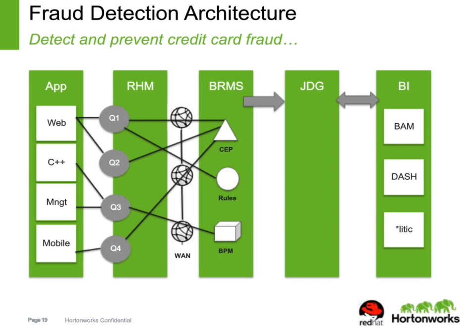The one last thing to mention about this architecture itself is that the rules component in the middle also includes a BPM server, and it's all embedded within the same platform.